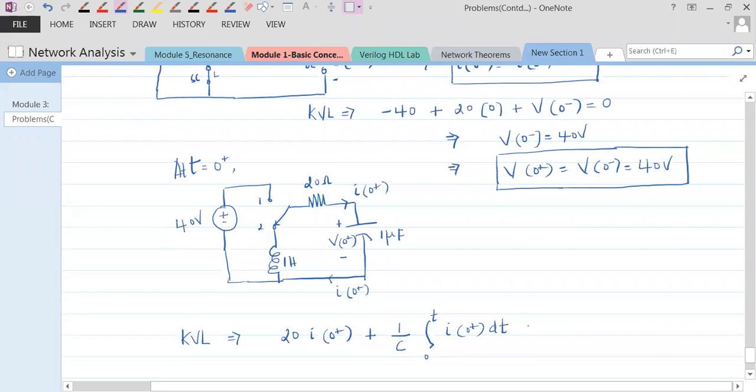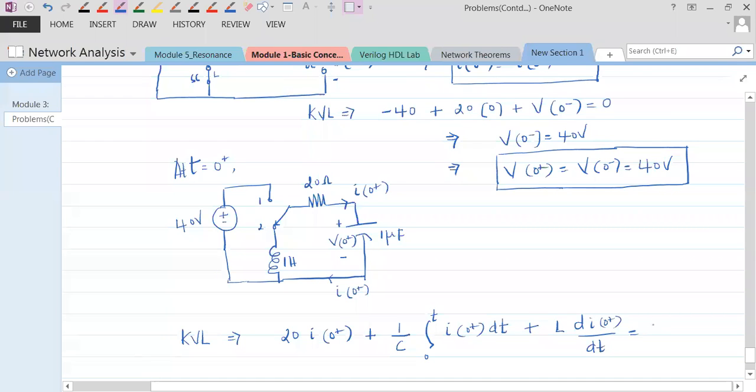Plus, what is the 1 Henry doing there? You have to now write the voltage across this inductor also. What is the voltage across the inductor given by? It is given by L into di of 0 plus divided by dt.